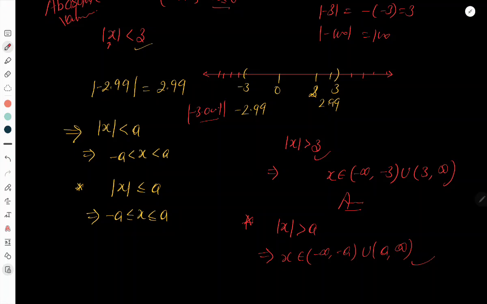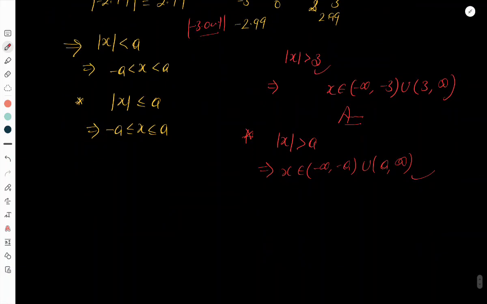And a should actually be greater than 0, otherwise it doesn't work. For example, if I say modulus x is less than minus 2, is it possible? Modulus x is always a positive quantity, correct or not?